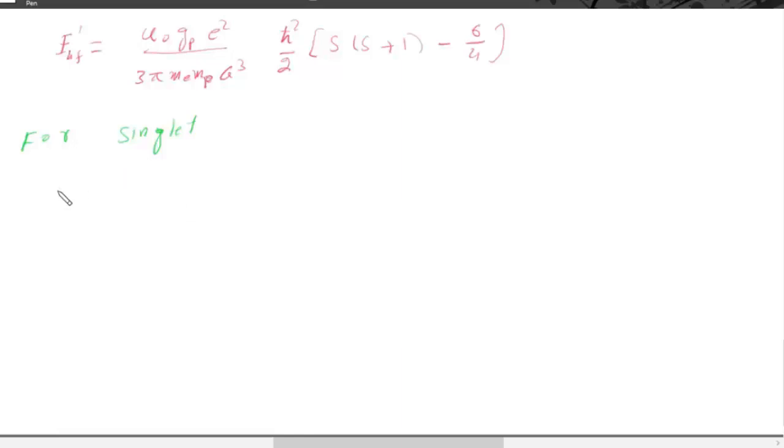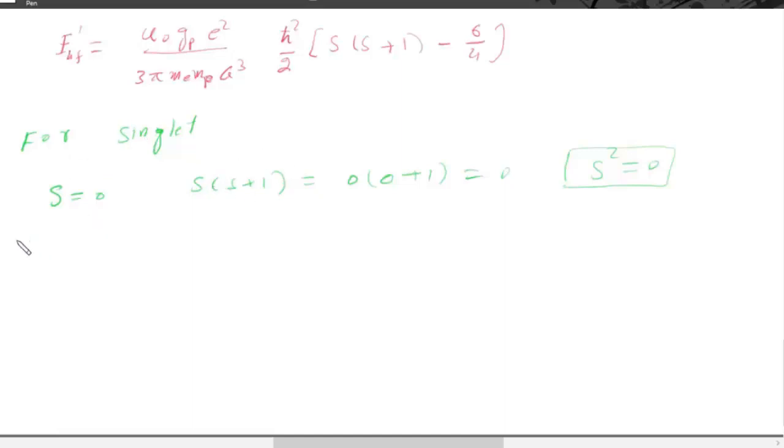Then s is equal to 0, this is small s, so s(s+1) is equal to 0. We put here the value of s as 0, 0 plus 1, this is equal to 0, then the s² is equal to 0. Okay, for the singlet states.